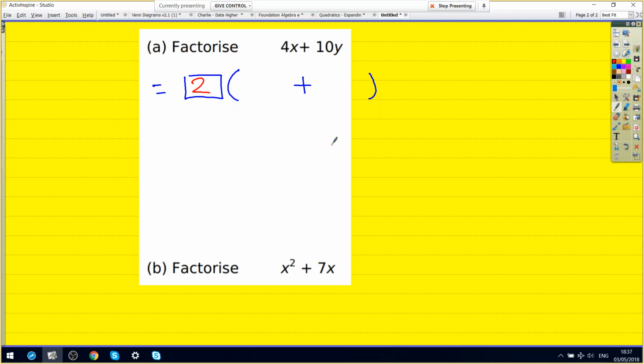Would the last bit have 5 in it? Yeah. Remember the middle bit would have 2 again, right? And so 2 times 2 is 4. We need 4x. 2x, and the last one? 5y. Well done. How about part B?